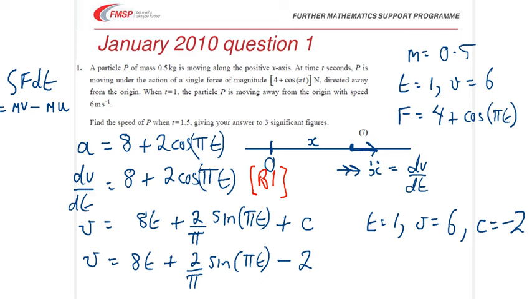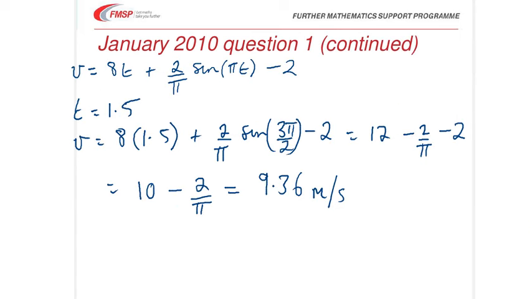For integrating correctly, M1A1, I'm getting the right terms in this line here with the plus c, and then for finding the plus c, another M1A1, method accuracy marks. So that's 5 marks, 2 marks left on the next page for putting t equals 1.5 in, and for finding the correct final velocity, another M1A1.